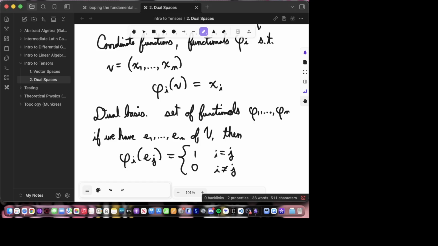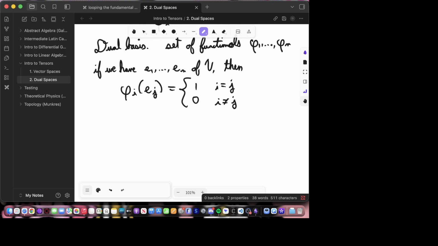This is actually an interesting function in and of itself, and it's called the Kronecker delta, which is the function delta ij, and it equals 1 if i equals j, and 0 if i does not equal j.